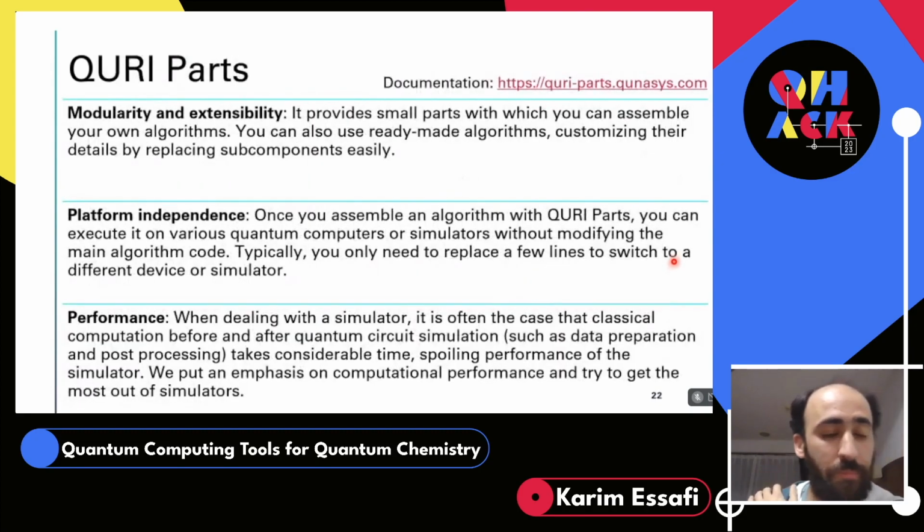And lastly, one of the things we have been working on over the past year is called QParse. This is also an open source library that offers modularity and extensibility, in the sense that you can use it either as is to run the algorithms that are already implemented, or you can use parts of it to build your own algorithms and develop this code base even further, and then contribute back to the open source code if you want.